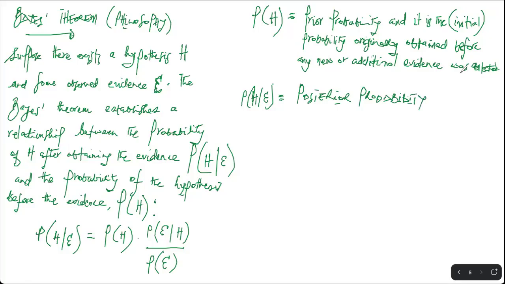And of course this is the probability that the event has been revised after new information has been collected.